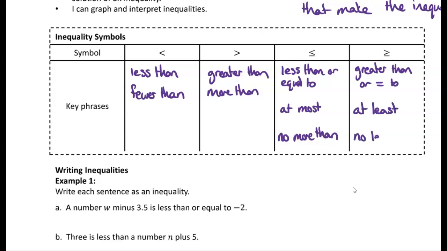You'll see no less than, meaning it's that amount or more, it's not less than. Now, when you're graphing, you're going to use an open circle. And on these two, when graphing, you're going to use a closed circle.